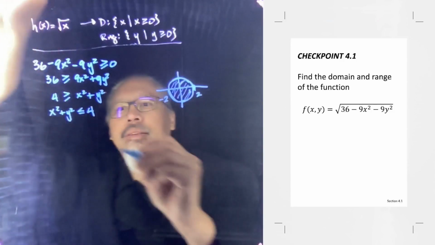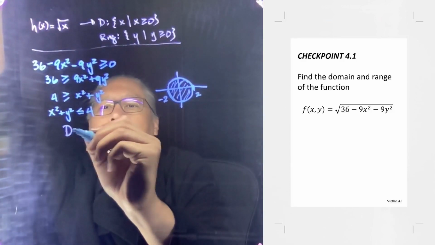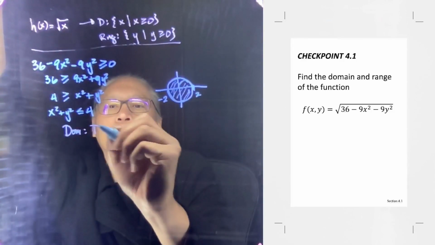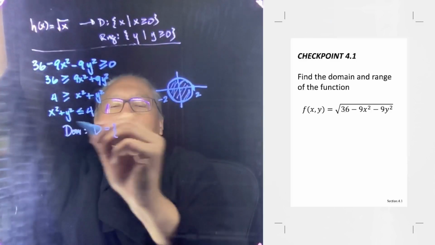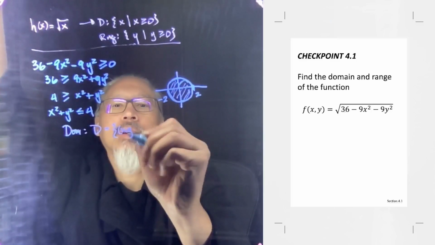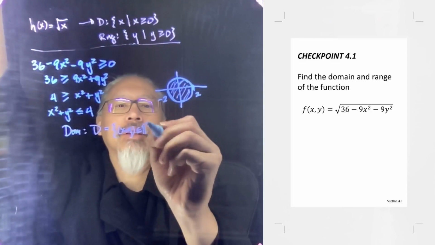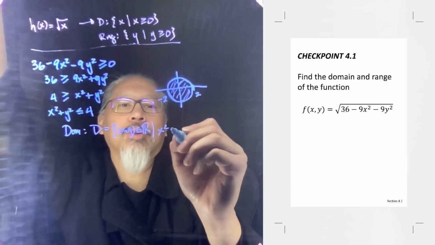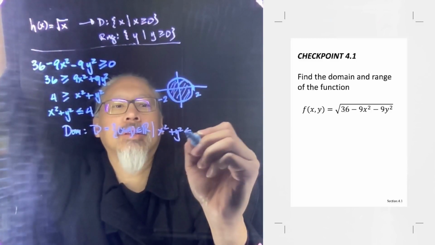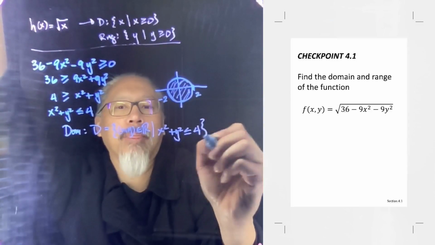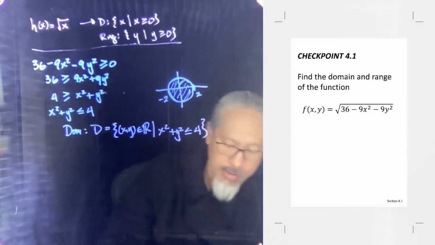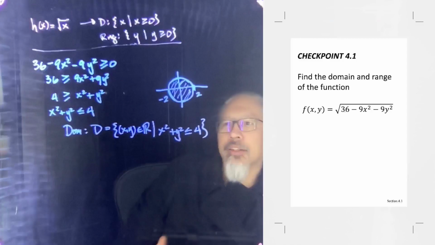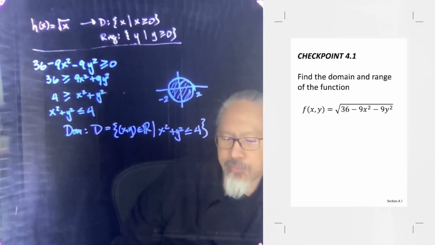So we'll write that out. Domain is going to be D is equal to the set of points x and y, and we can be specific to say that they live in R2 such that x squared plus y squared is less than or equal to 4. So this could be our domain.